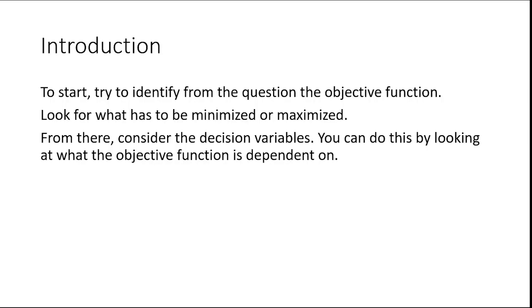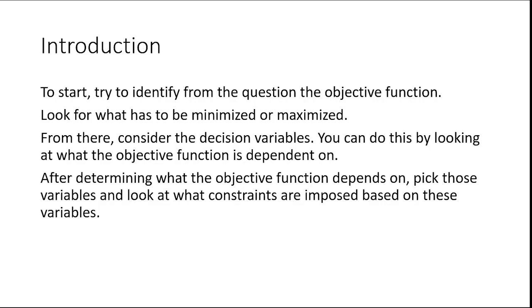So if I know that I'm trying to maximize profits or minimize cost, what is the profit dependent on? What is the cost dependent on? Those things become my decision variables. Now, when we determine what the decision variables are, we look at all the other things in the question in light of these decision variables. The decision variables are the things that are going to continue to be changing in our question.